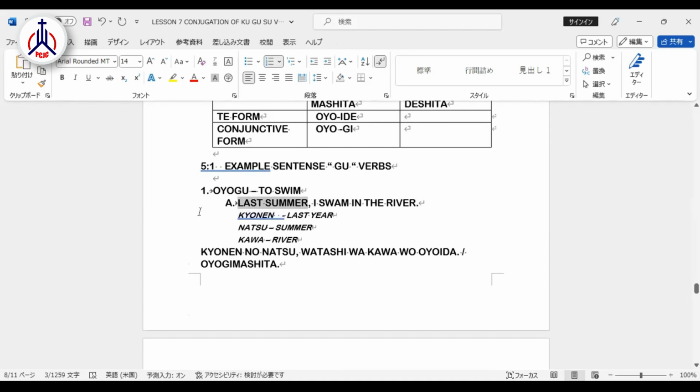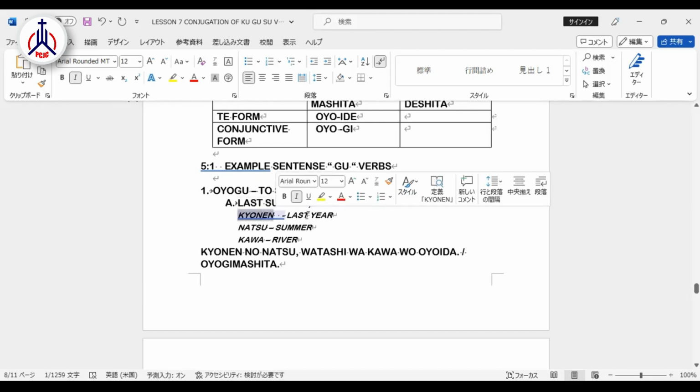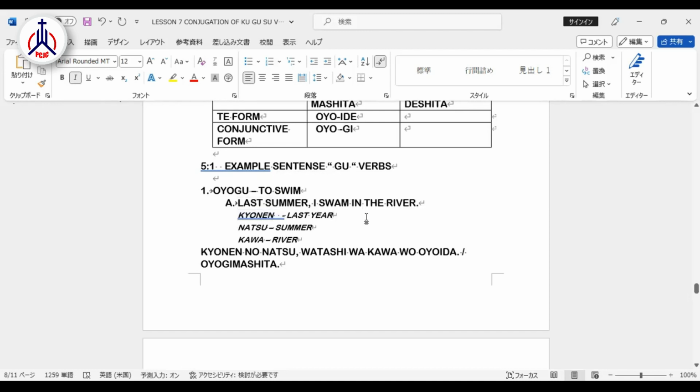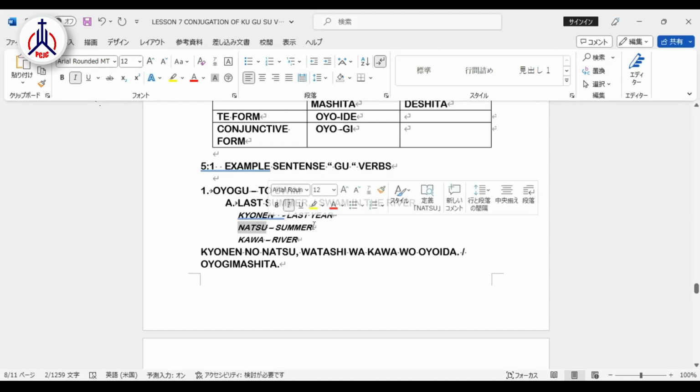So the word kyonen, you studied this already with Brother Iqbal and Brother Karamat last Wednesday, I think. Kyonen means last year. Natsu means the summer. And then kawa means the river.